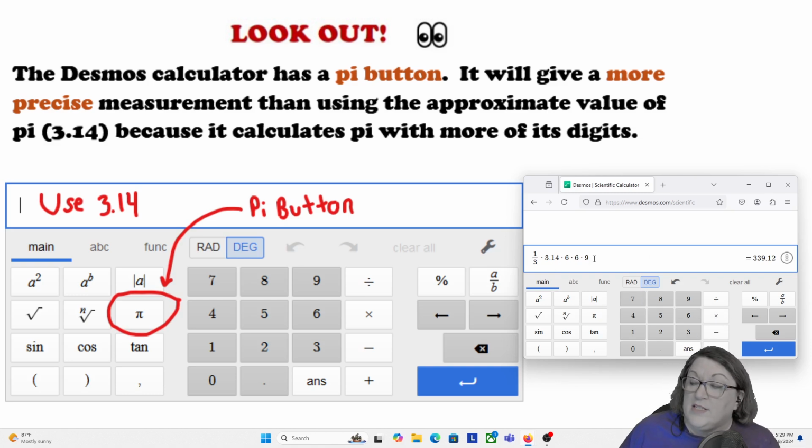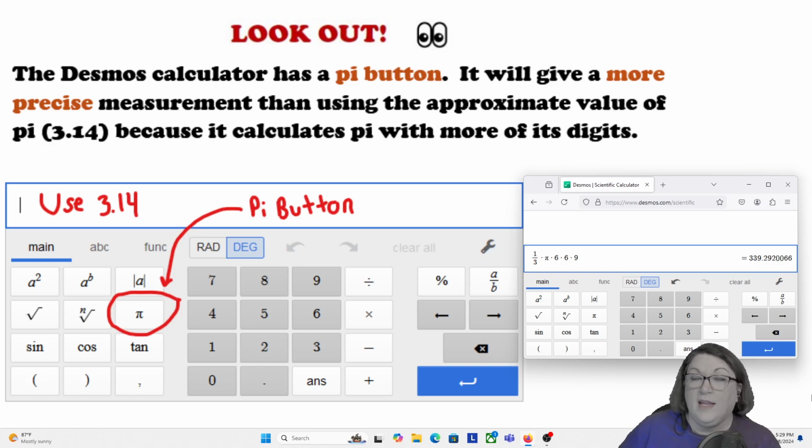So this is what we originally got, 339.12. And this time we used 3.14 in place of pi. So let's see how this number is going to change when we hit the pi button. 339.29. Okay, that rounds up to 339.3, and originally we got 339.1.